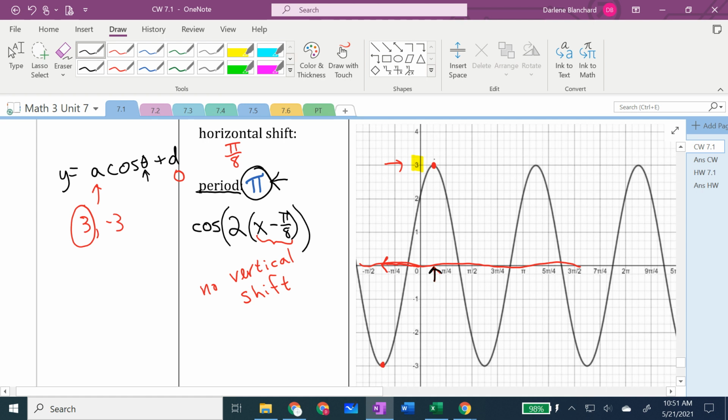But because I chose to have this shift to the right of pi over 8 amount, and that caused me to begin at a high point, this is a positive 3.